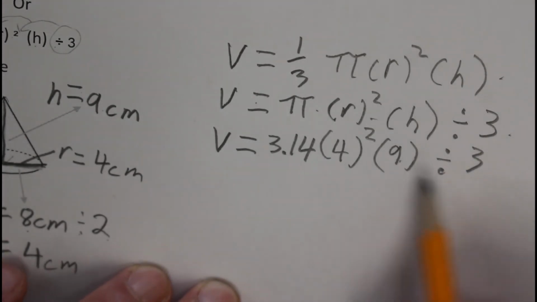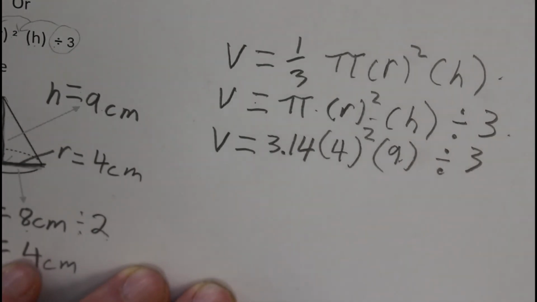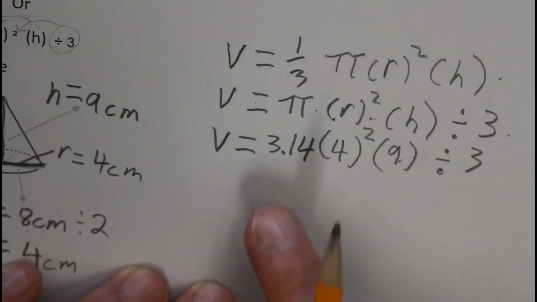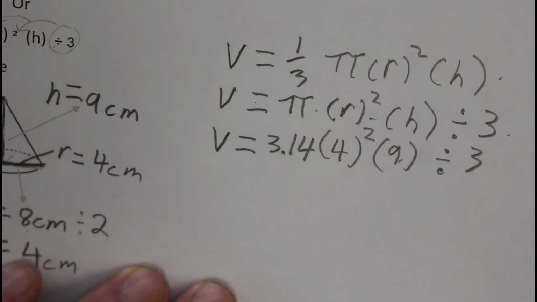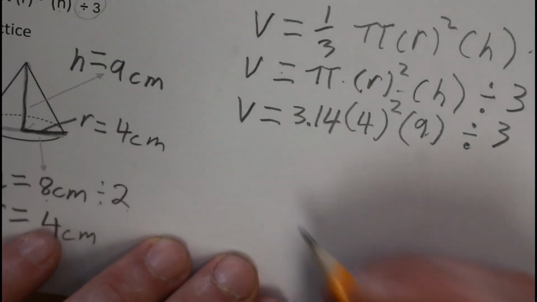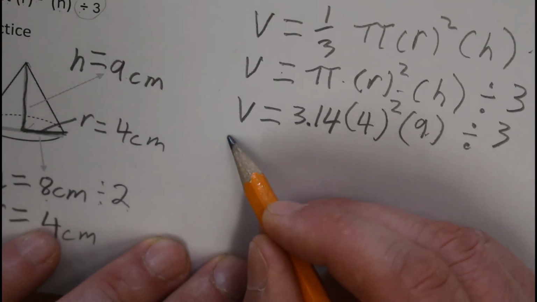We'll just stick with the divided by 3. You can do the divide by 3 right off the get-go: 9 divided by 3 gives 3. You'll get the same answer. Or you could multiply left to right and then divide by 3. If we were in class, I'd be making you do this by hand, but we're not, so lucky you.